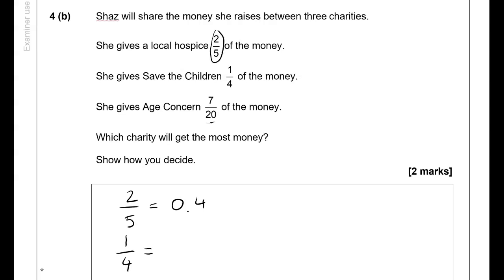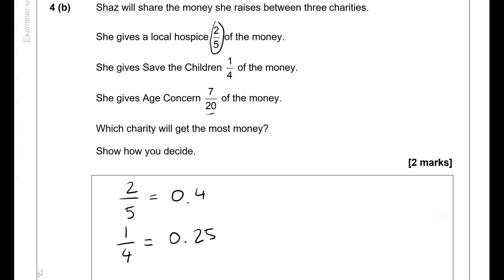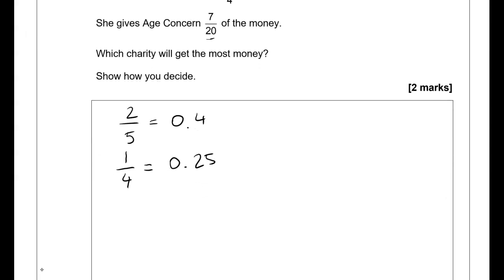1/4, 1 divided by 4, that is 0.25. 7/20, that is 0.35. So comparing these, I can add a 0 here to make our life easier. This is the same as 40%. Just think of 40 pence in a pound, so that is 40%.